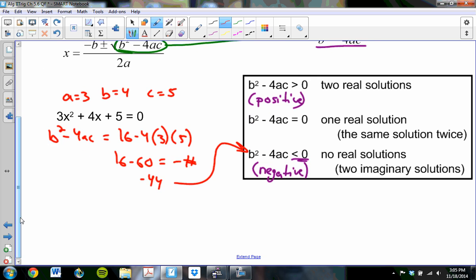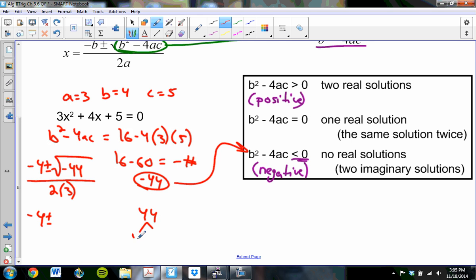If I wanted to find them, I could still do the quadratic formula, and the nice thing is I've already calculated the stuff that goes in the square root, so I could have this, which will become negative 4 plus or minus 44, can break down into 4 and 11, and 4 is 2 2s, so a 2 comes out.